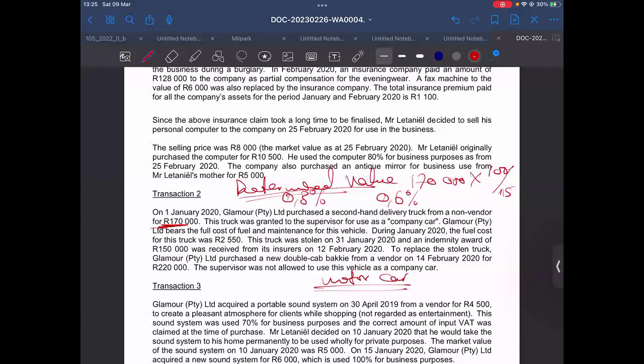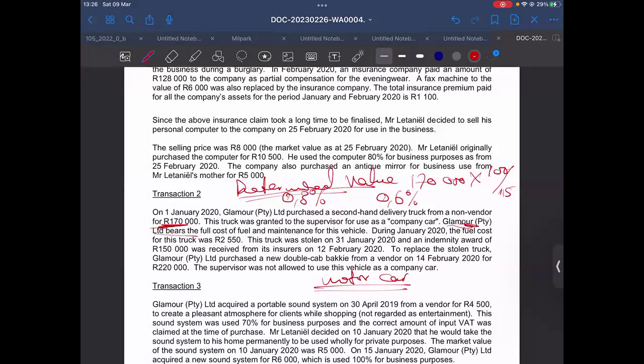Note that is 0.6 what? A percent. Then after that, you have to check whether the maintenance fee is paid by the employee. If the maintenance is paid by the employee, you say minus 85 Rand. In our case, the maintenance is paid by who? By the company. They said to us, Glama Ltd bears the full cost of fuel and maintenance.